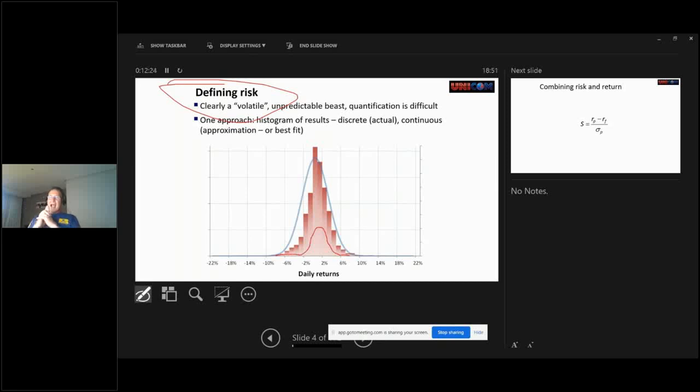Let's just say, I hope that most of you would agree that the little red line underneath here is much less risky than the blue line. Not because its height is so small, that's not it, but the width, the amount that it jumps around its mean. Oh, that's a terrible straight line. But the amount of variation around its mean is much smaller than the amount of variation here.